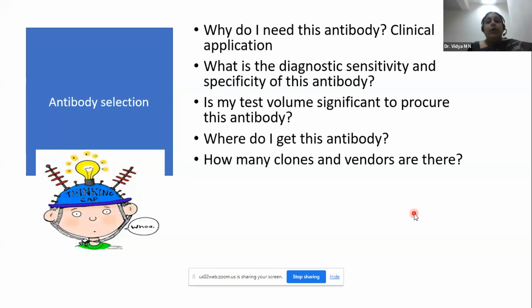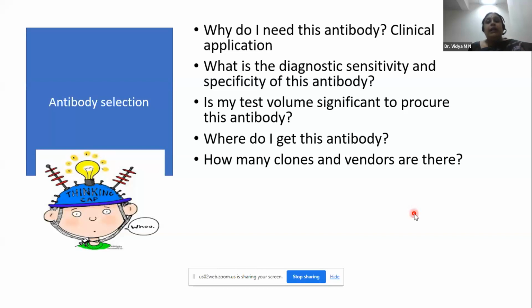So you have to have an idea of procurement of these antibodies, because the IHC market is flooded with a lot of clones and a lot of vendors who keep coming and troubling you. Okay, now this is what we have, this is what we are offering, this is the latest antibody.